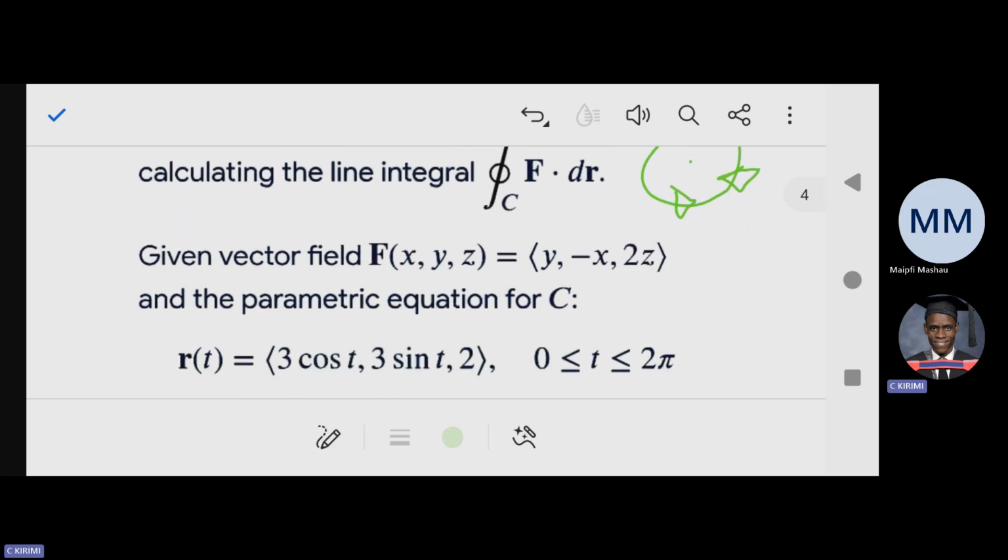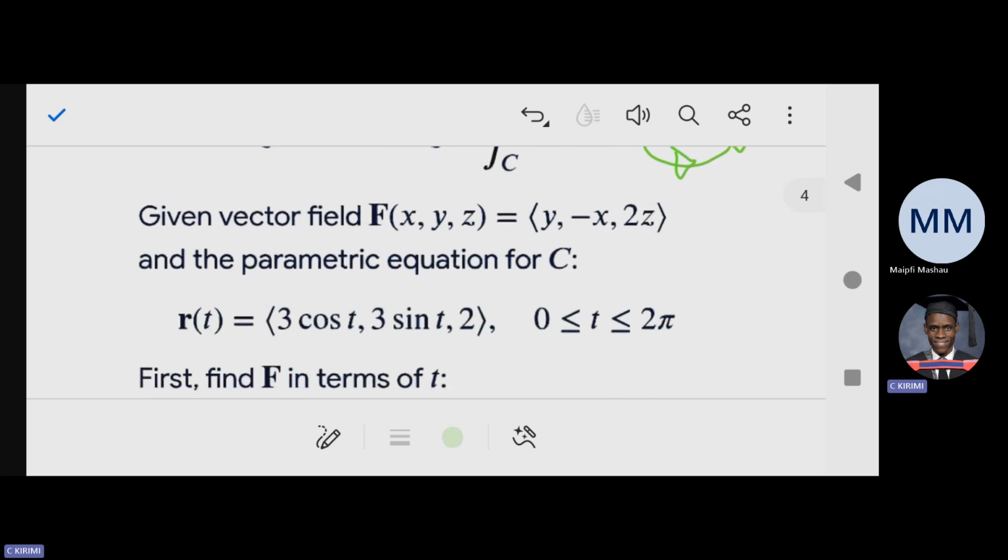And the parametric equation for C, which we have calculated above, where t is ranging from 0 to 2 pi.